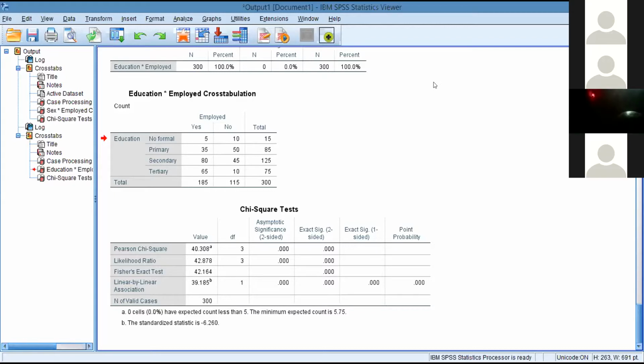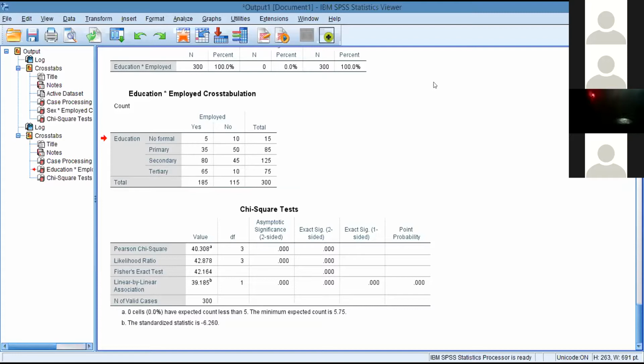It may not work like that. How you know is that you look at the total, where the row total or column total is the smallest. Like this one now, if there's going to be 1 cell that has expected count less than 1, it will be this one that has 10. It may not be this one that has 5.